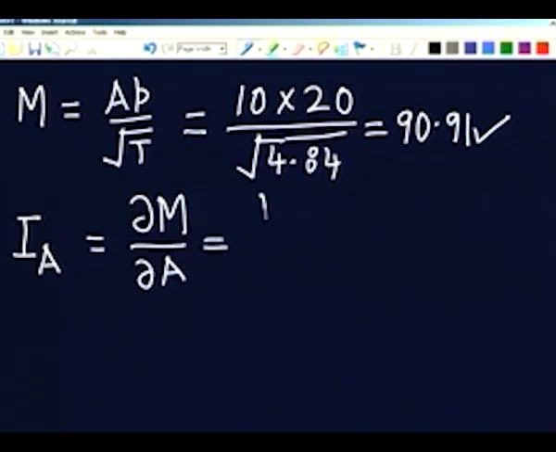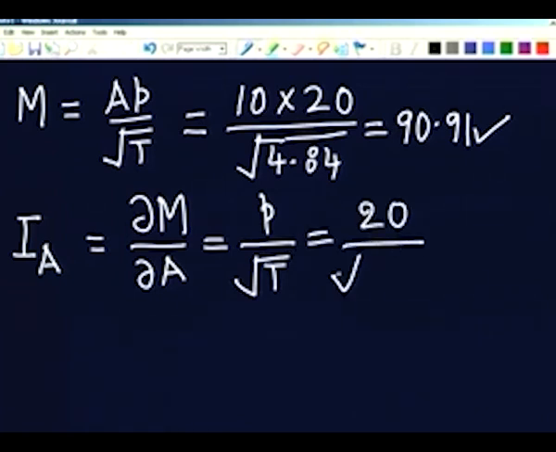which is simply given by P by square root T, and that will be 20 divided by square root of 4.84, and this value works out to be 9.091.